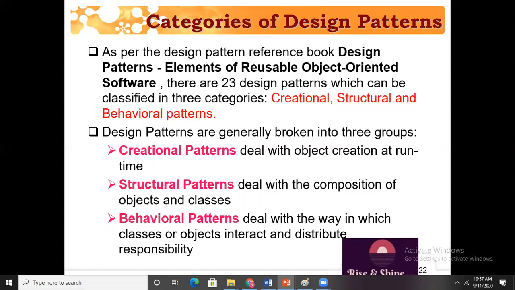Creational design patterns deal with, as the name suggests, how to create objects.